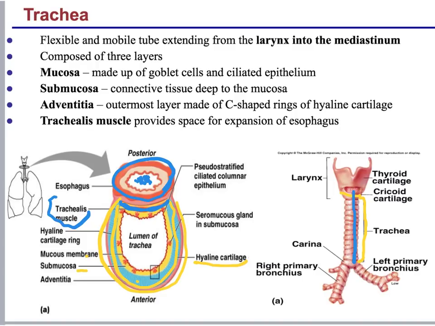The mucosa is ciliated columnar, and it has goblet cells that produce lots and lots of mucus. The submucosa is deeper to the mucosa and contains the C-shaped hyaline cartilages, the adventitia covers them, and posteriorly the trachealis muscle completes the structure of the trachea while also allowing the esophagus to expand as we swallow.